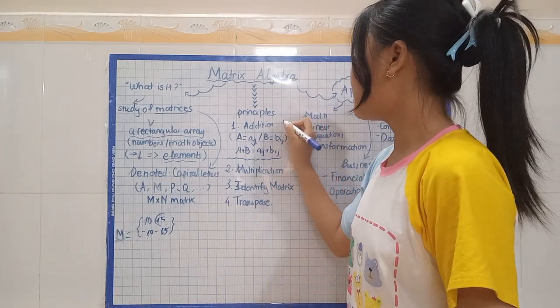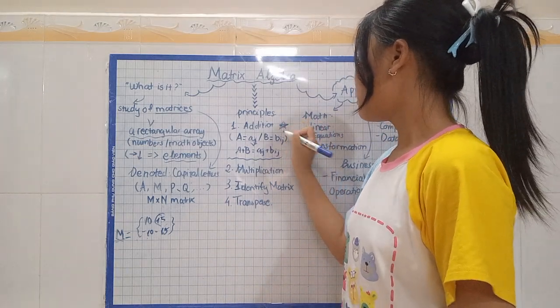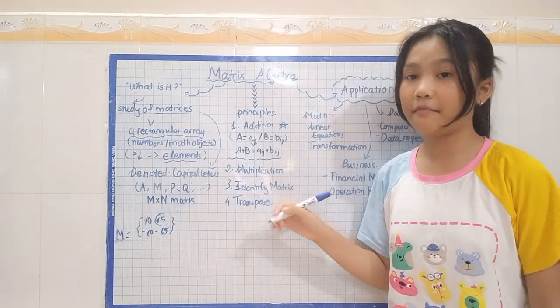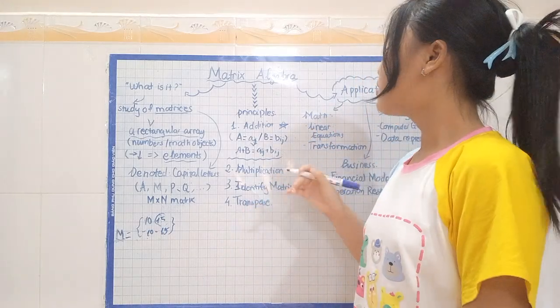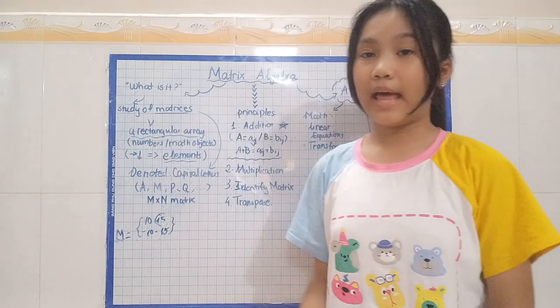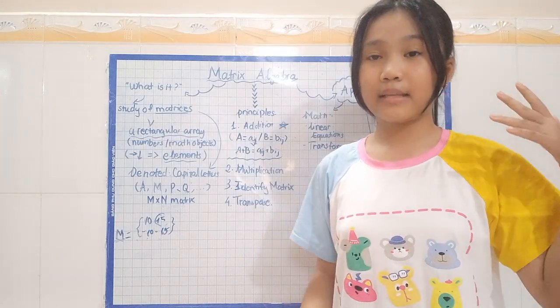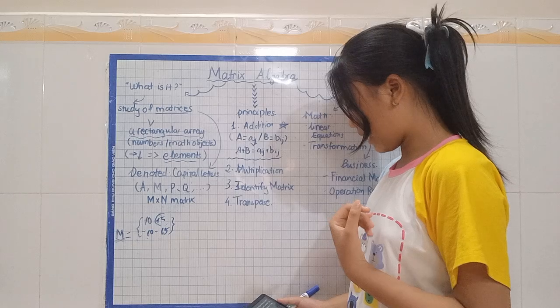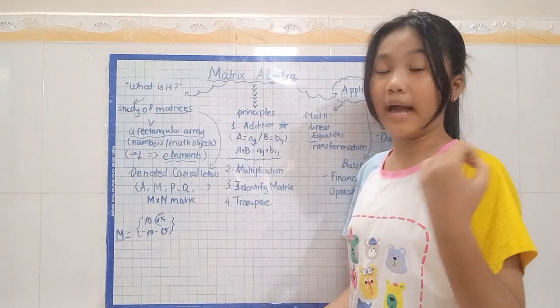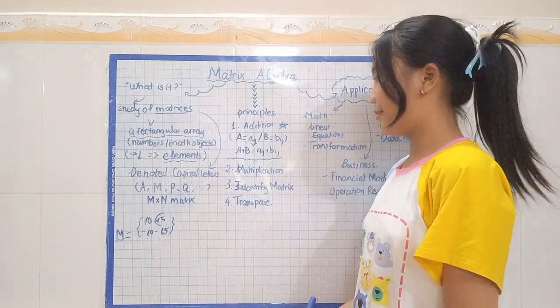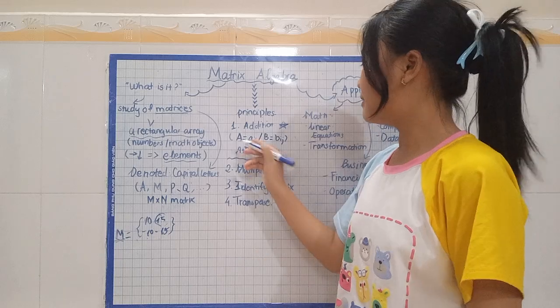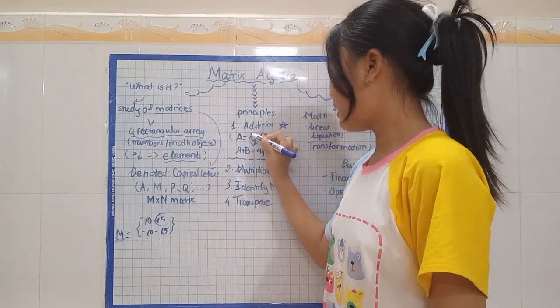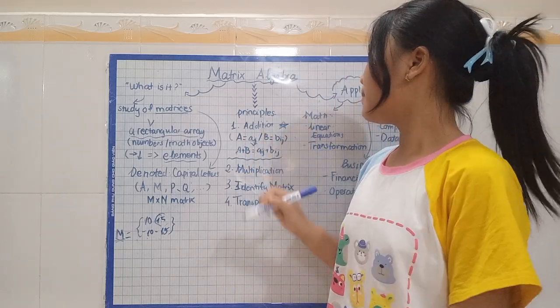First we have addition. Addition is very, very important. If we have matrices with the same corresponding elements, then they could be added. Let's say we have matrix A, and A equals A_ij.